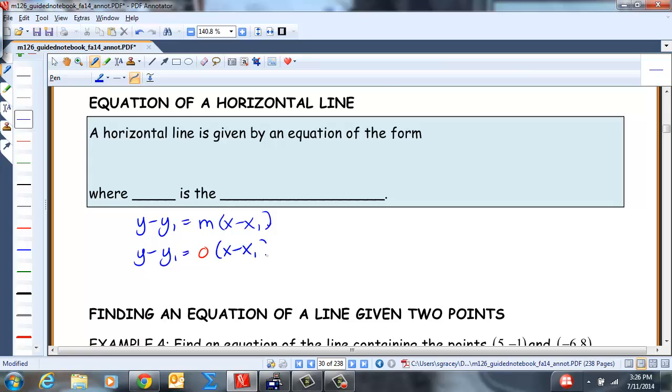Well, 0 times anything is going to give you 0, so you would get y minus y1 is 0, which gives you y is equal to y1. It's more commonly given in the form of y equals b, where b is a constant, and b represents the y-coordinate of the y-intercept.